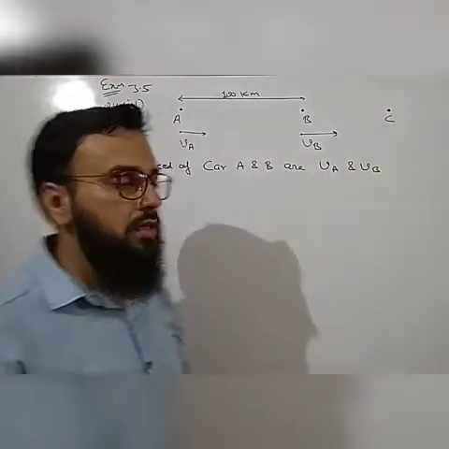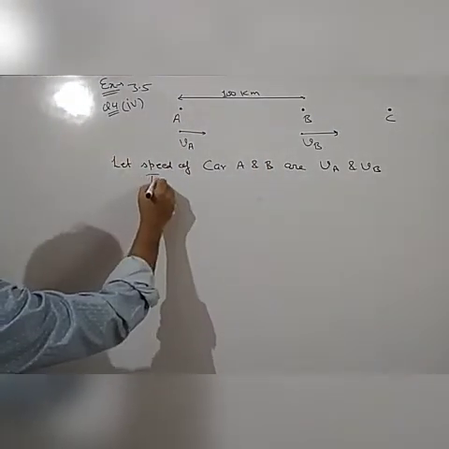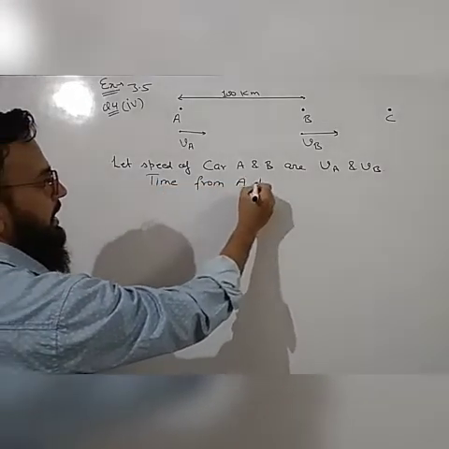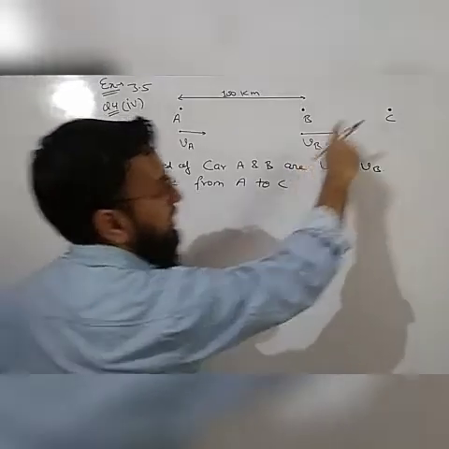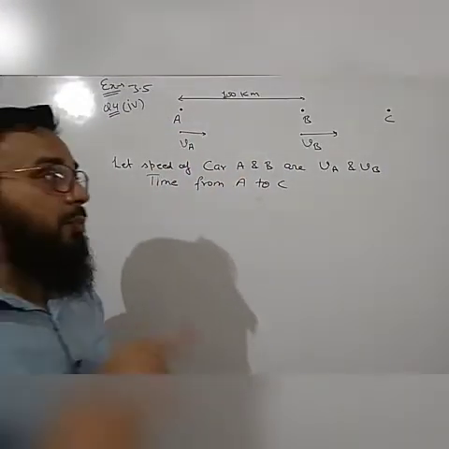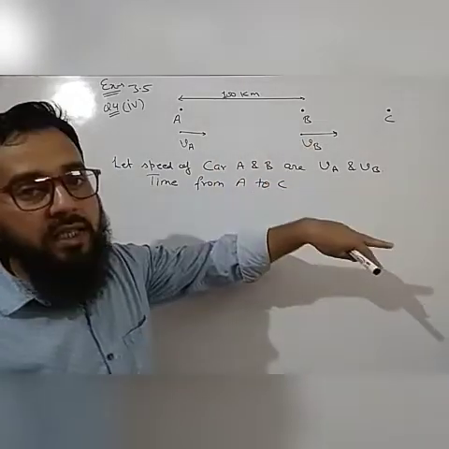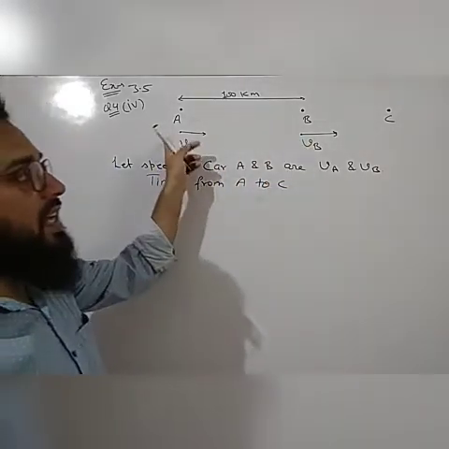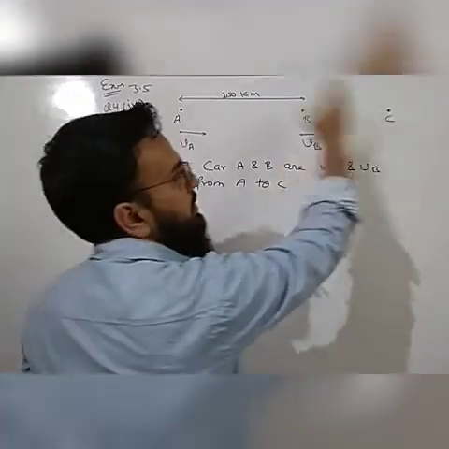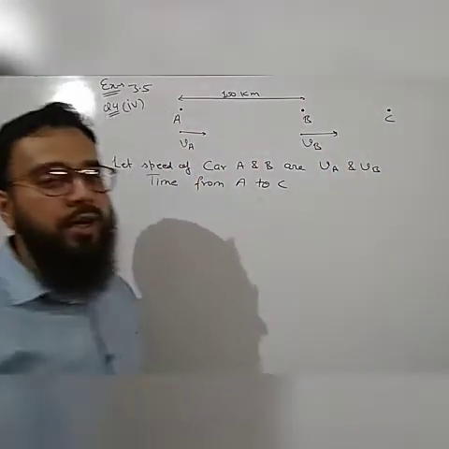That is 5 hours. It means the time from A to C is 5 hours, because both cars meet at point C. This is possible only when the speed of A is greater than the speed of B.